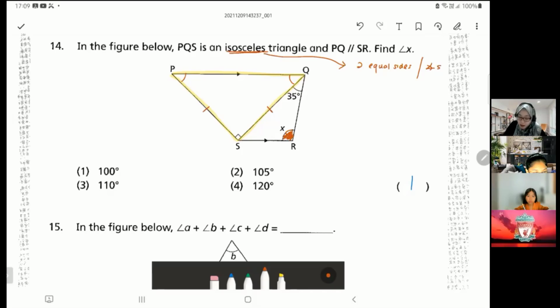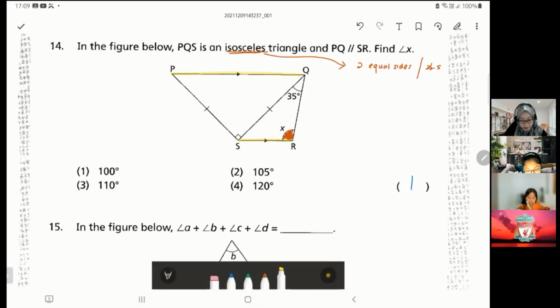Okay, this X. All right, then they say that PQ is parallel to SR. All right, so I'm going to erase the yellow color lines here. Now we focus on where the parallel lines are. PQ is parallel to SR. So if you have parallel lines, there are some rules that apply.